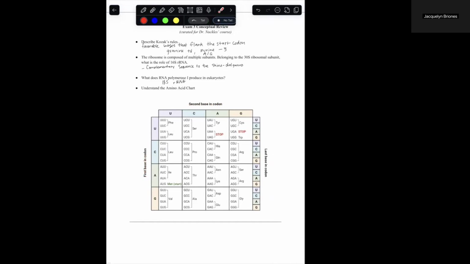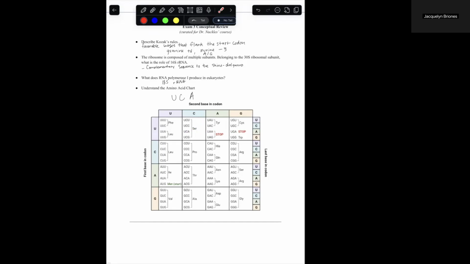So let's say we're doing UCA. We're going to start off at U because U is our first base. Then we're going to look at our C because that's our second base. Then we're going to go across here and look at our A. And what do you know? They all code for serine anyways.